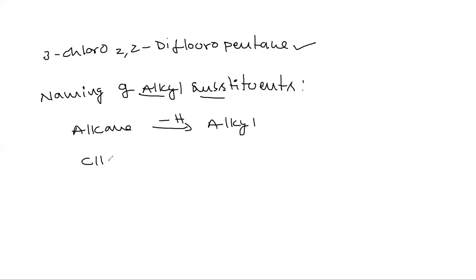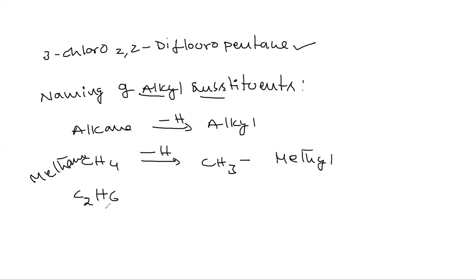For example, you have methane. By removal of a hydrogen, you get CH3. This is called methyl. And this is methane. Suppose we have C2H6, the name of this one is ethane. If you remove the hydrogen, you will get C2H5. This is called ethyl.